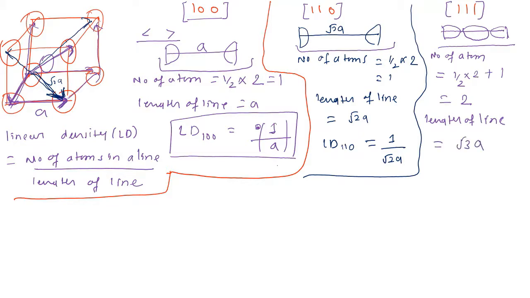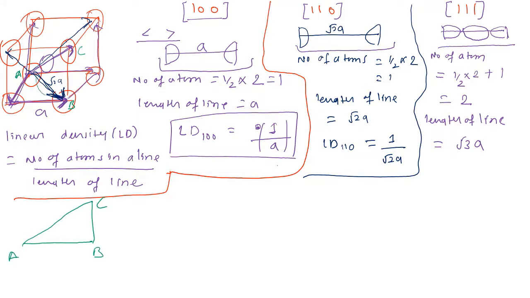How can I say root 3a? Now consider this triangle. Let me mark it with a, b, c. Let me take out this triangle for simplicity. So this is a, this is b, this is c.